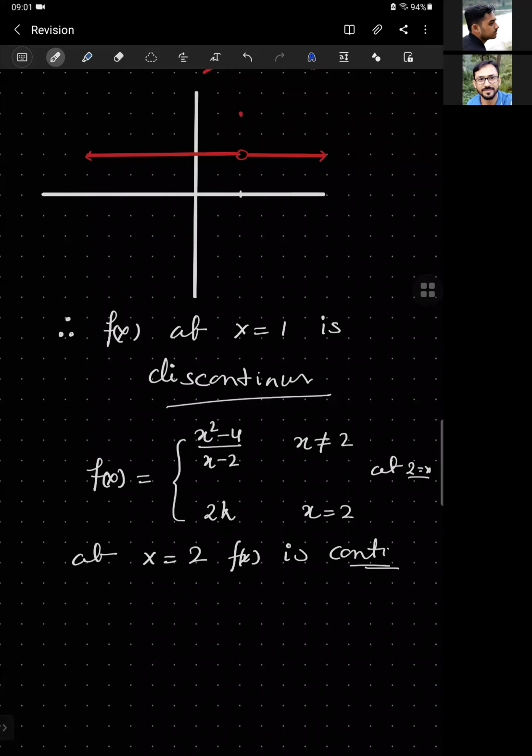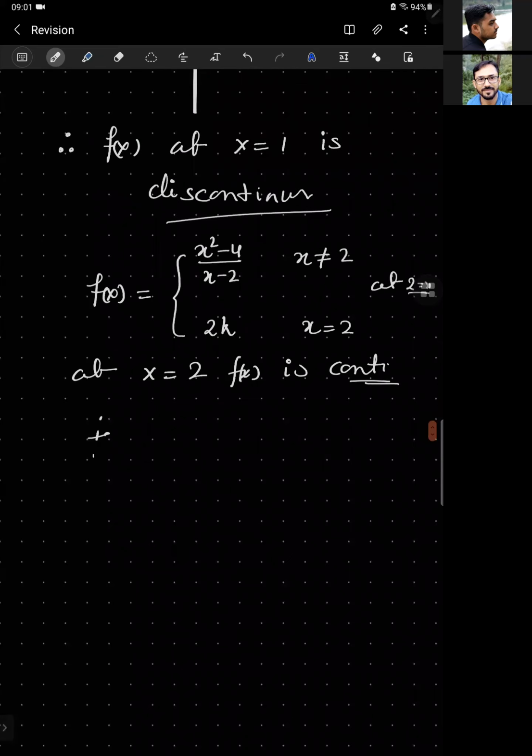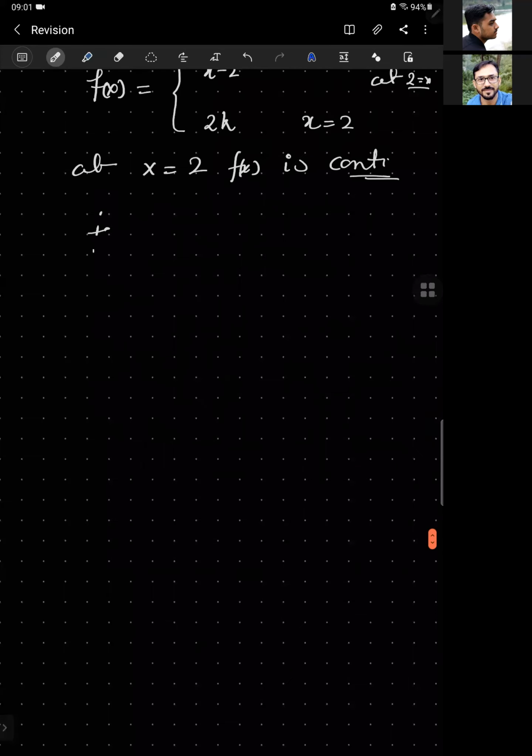Now, for continuity, we must know the formula. For continuity, we have one formula: limit of x tends to c, where c is any given point, f(x) must be equal to f(c).